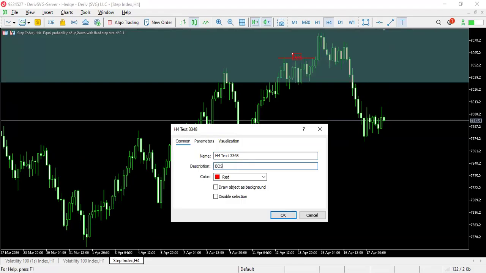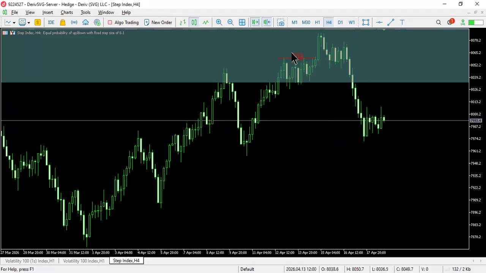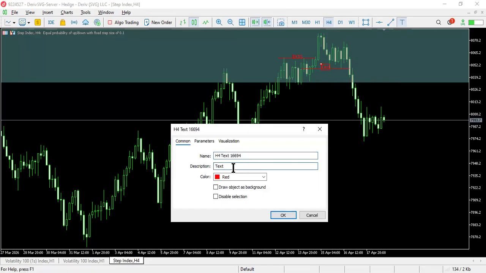So we have a break of structure, and then we have a change of character right there. We have a change of character to indicate the sellers are stepping into the market.